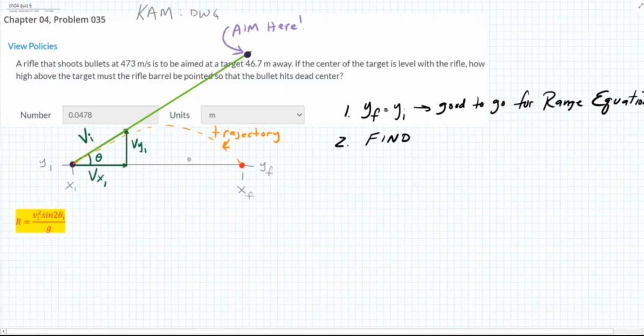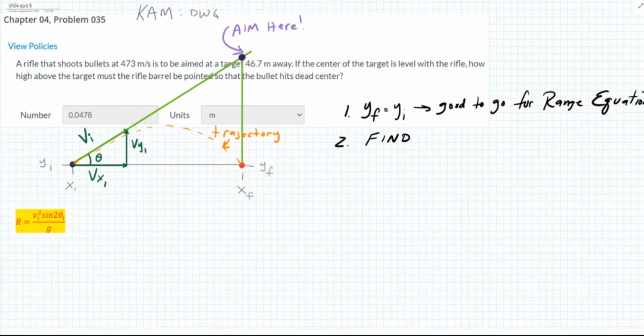That's why I'm saying let's find theta, because that's my aim point and this is the height, because it says where do you have to aim? Directly above the target. So that's what I'm drawing right here. This is the point directly above the target. Let me fine tune that just a wee bit. I'm going to bring this over to there.